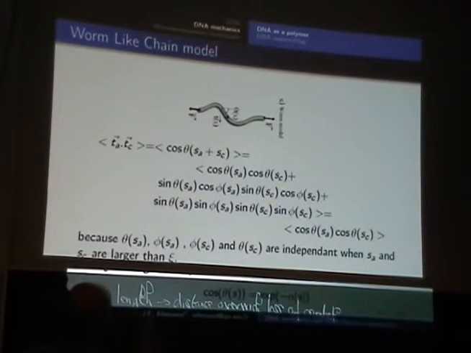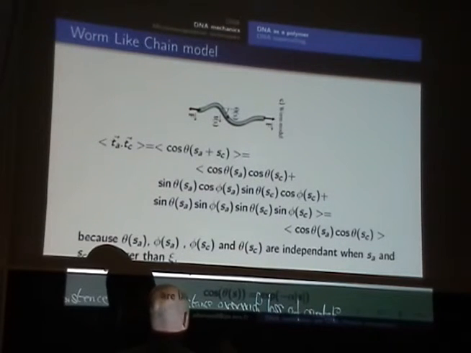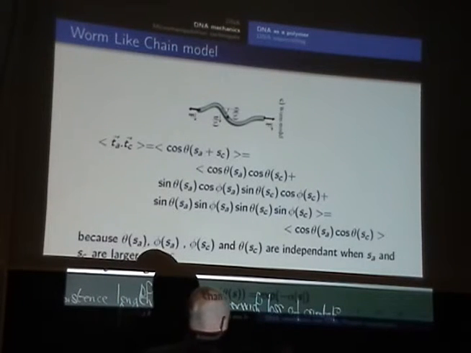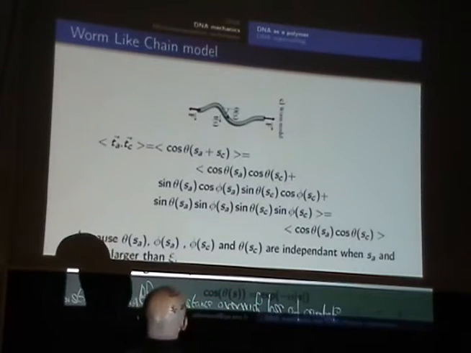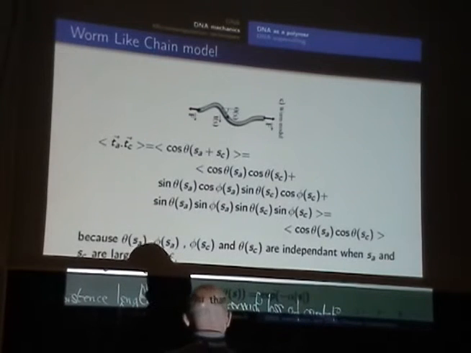You will have a tangent vector at the position C, and you have a tangent vector at the position B. And so we take the distance between A and C that is large compared to the persistence length, the distance over which I lose the correlation in orientation, and I call it phi.